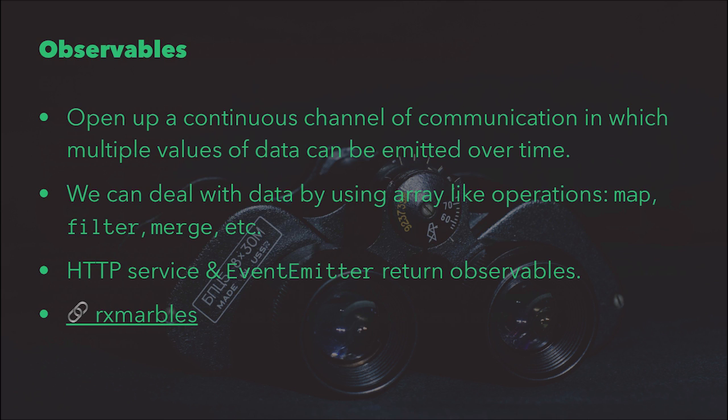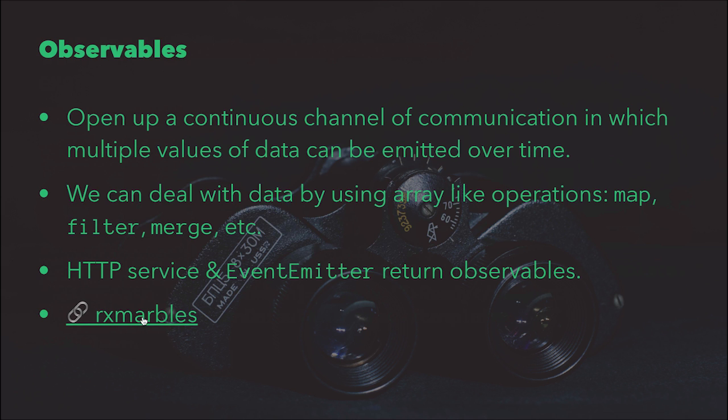Observables are essentially a continuous channel of communication where you can pass multiple values of data from the creator of the observable to anything that's subscribed to that observable. Most importantly, an observable uses the same pattern as an array, so you can use array-like operations such as map, filter, and merge, and apply these operations onto the observable to essentially make your life easier.